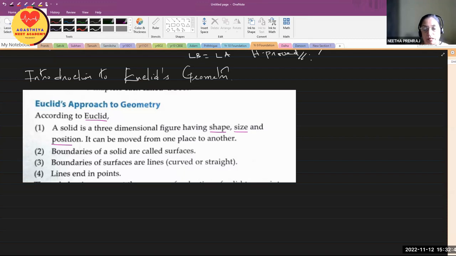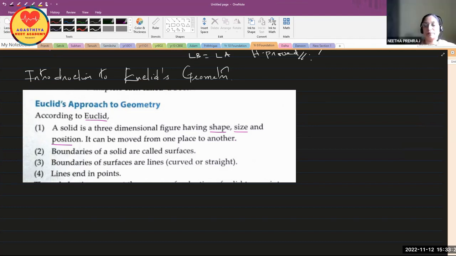to another. Can anybody name some solid shapes? What are the solid figures you know? Square?